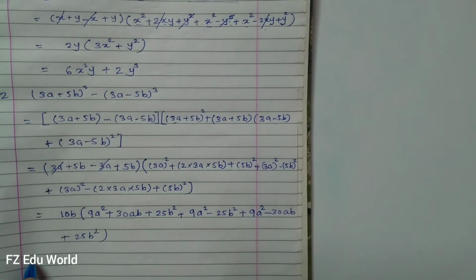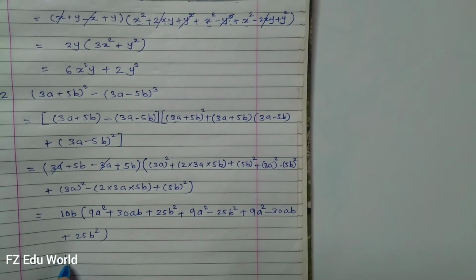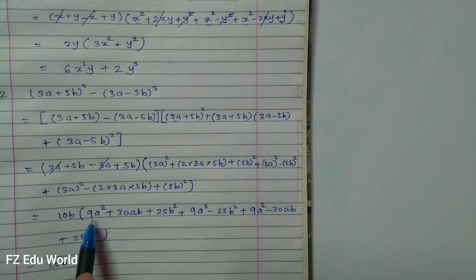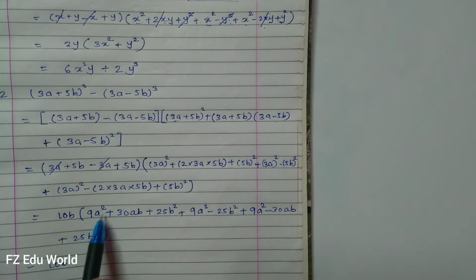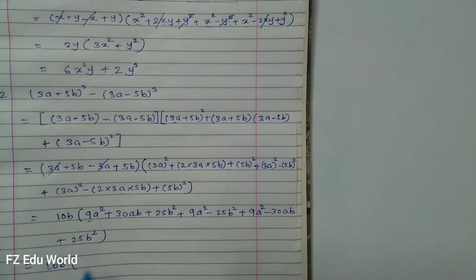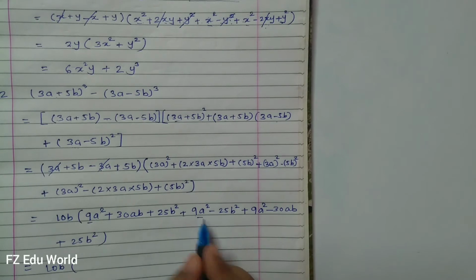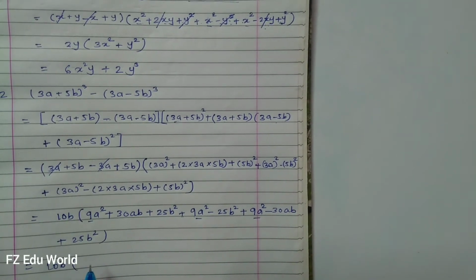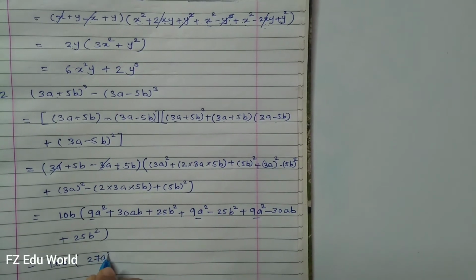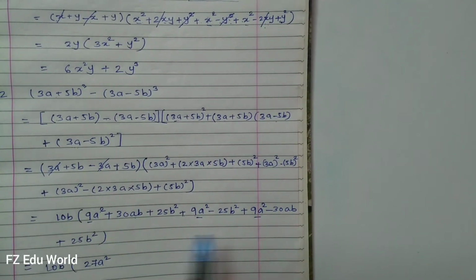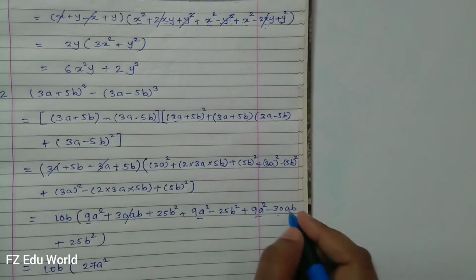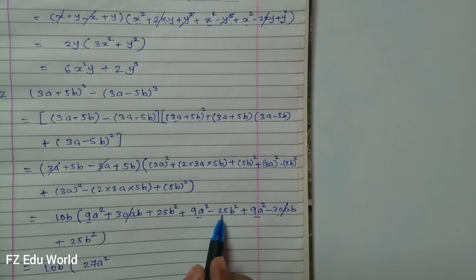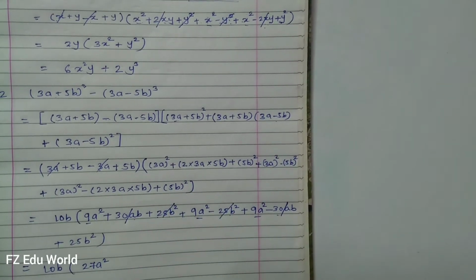Now again we will simplify this. 10b as it is, then 9a square plus 9a square plus 9a square, that is equal to 27a square. 30ab minus 30ab will get cancelled. Then 25b square minus 25b square will get cancelled.